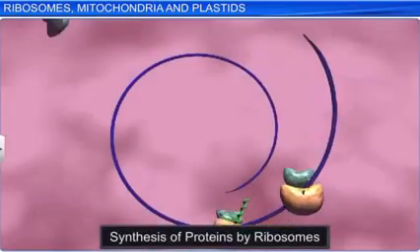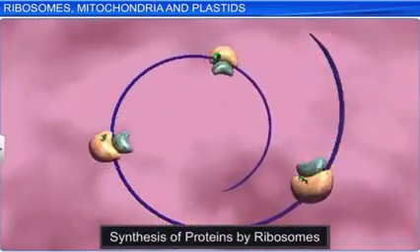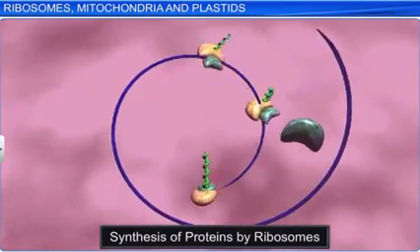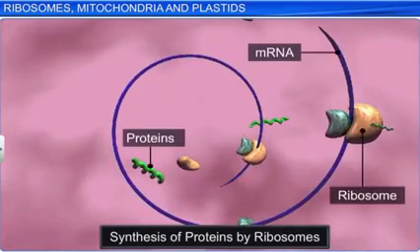They synthesize proteins by attaching to a single messenger RNA to form a chain called a polyribosome or polysome, and ultimately translate mRNA into proteins in both eukaryotes and prokaryotes.